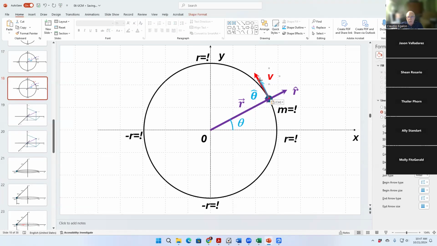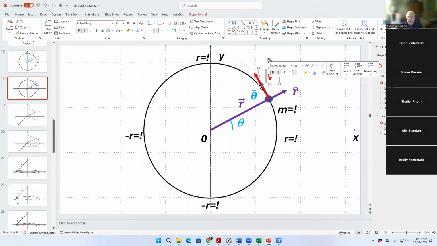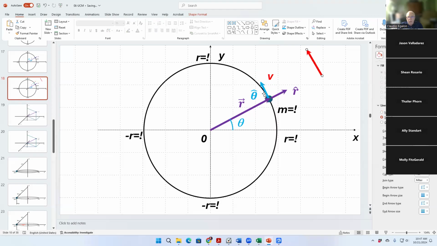I'm going to slide this one a little bit off. Yeah, like that. But they should be parallel to each other. Theta hat.